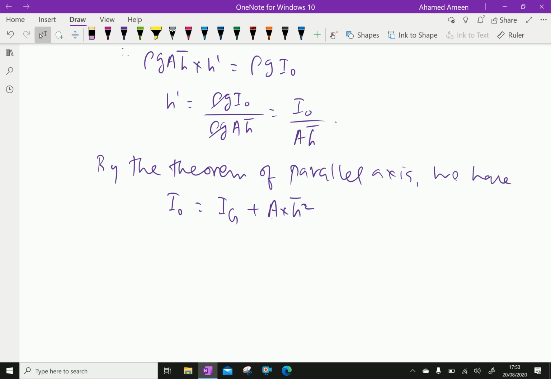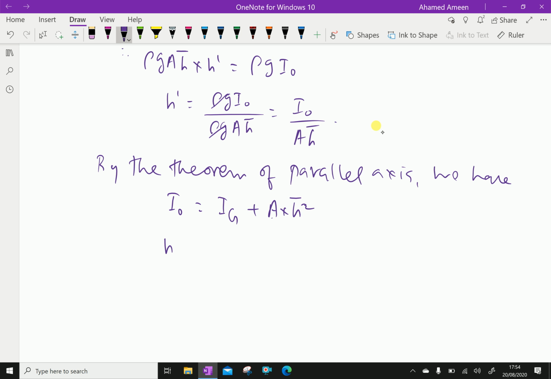That means here we got h dash is equal to I0 by A h bar. Then from that we use I0 equal to Ig plus A h bar squared.